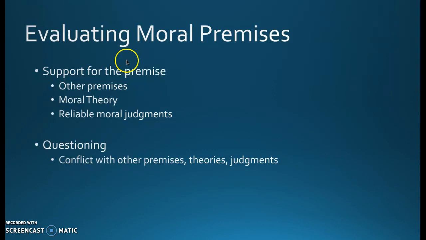A moral theory itself might support it, so virtue theory might support the premise that you're working at. And then we have our own reliable moral judgments. We all know that it's simply wrong to torture puppies and babies. And then we also might question moral premises. Do they conflict with other premises, theories, and judgments that we might have? So when you look at a moral argument, ask these kinds of questions.